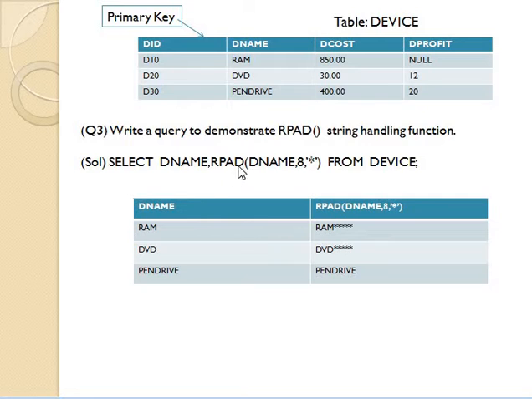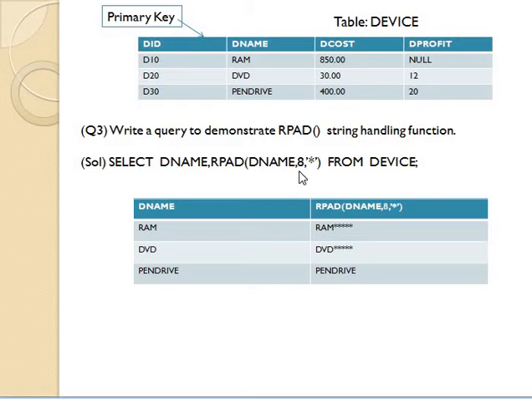Now this RPAD function takes three arguments. The first argument is the column called dname, the second argument is the number 8, and the third argument is the special character asterisk enclosed within quotation.